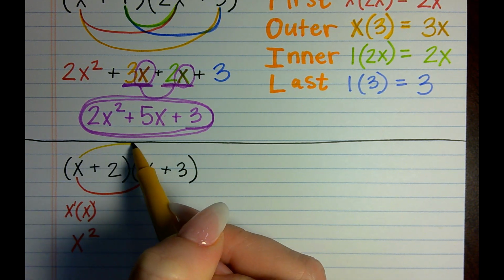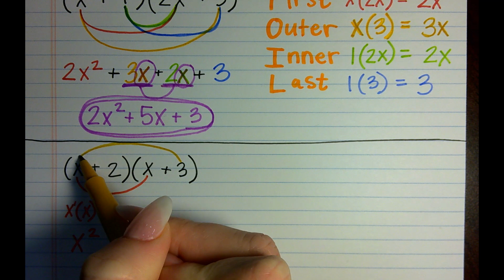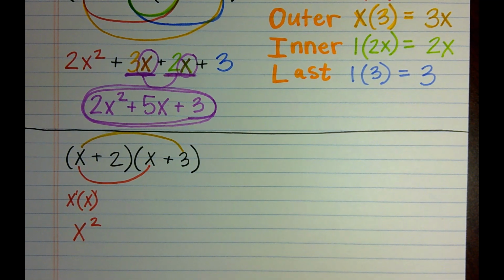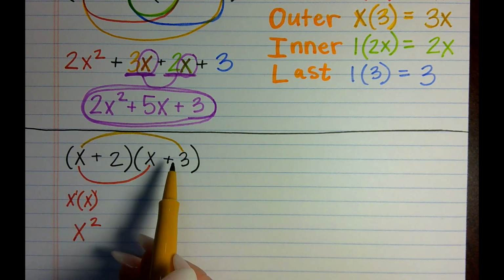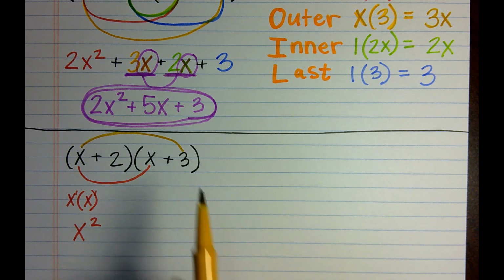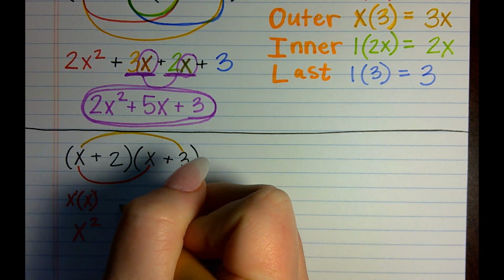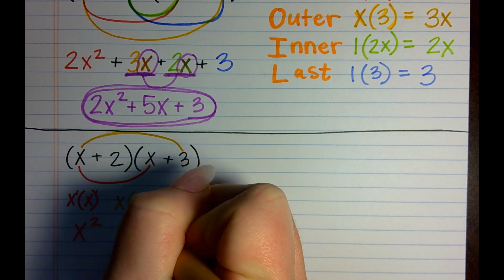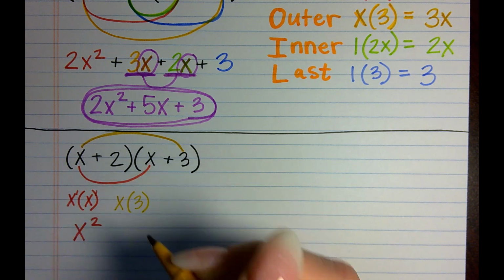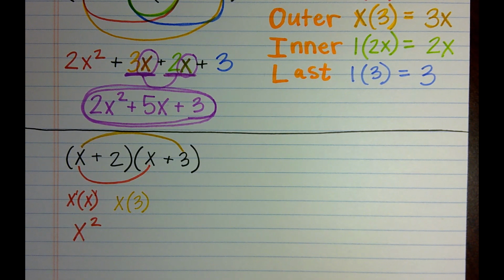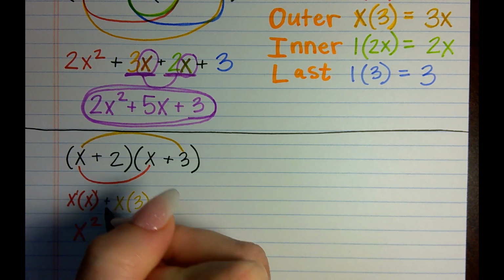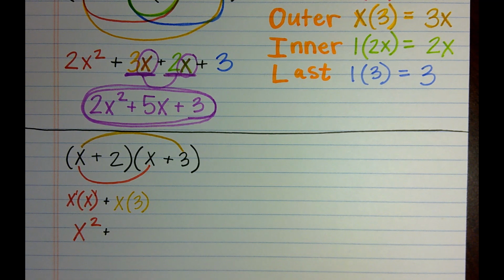I'm actually going to do that on top here, just to not make it look so crowded. So my outer terms are x and 3. So I'm doing x times 3. And what is x times 3? 3x.